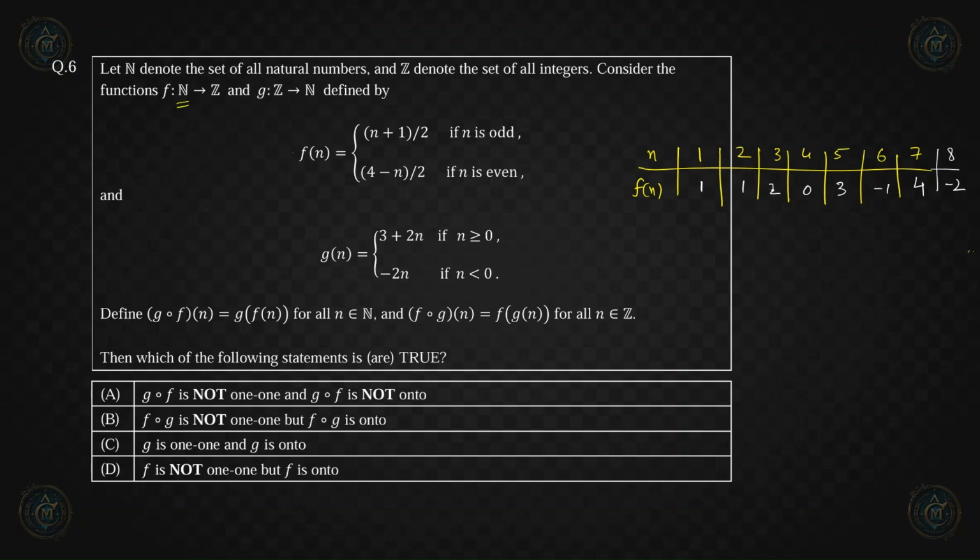So we can see here it was 0, here it is 1. Here it increases by 1 for the next odd number, then for the next odd number it again increases by 1, and so on. That means we have the pattern like this.